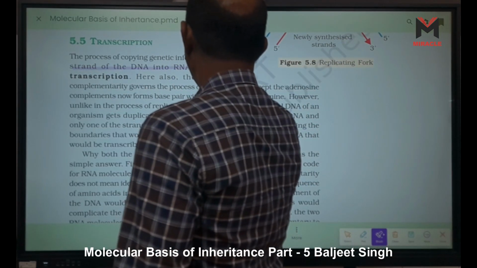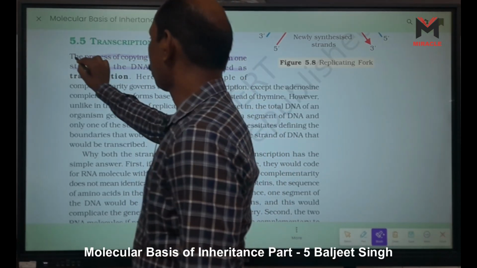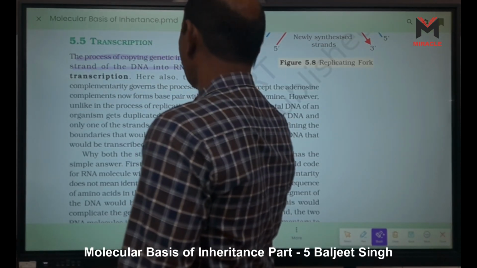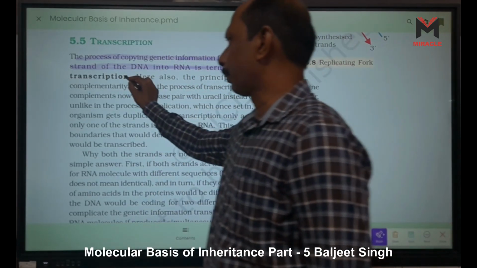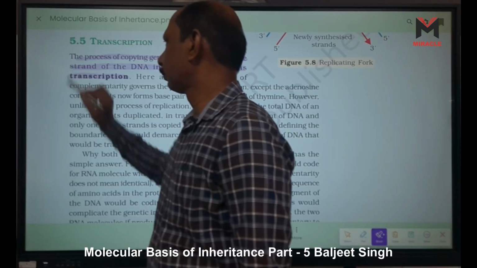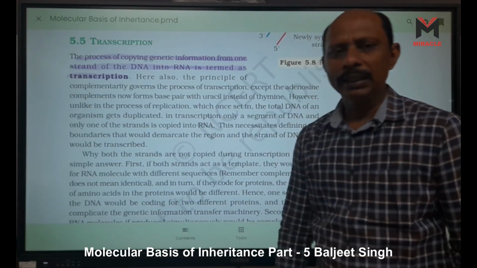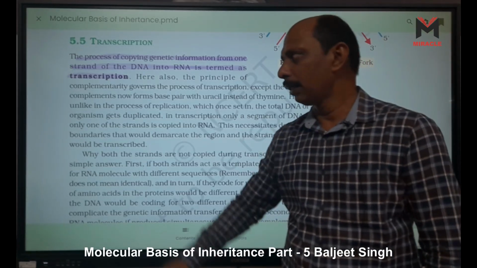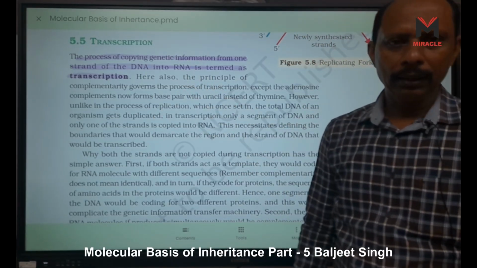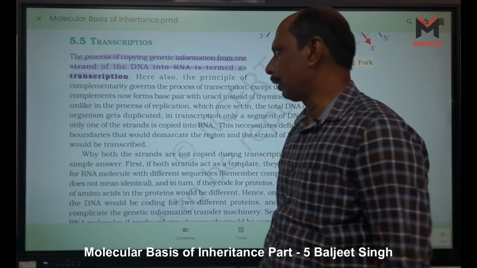Only one. The process of copying genetic information from one strand of DNA into RNA, into mRNA, is termed transcription.